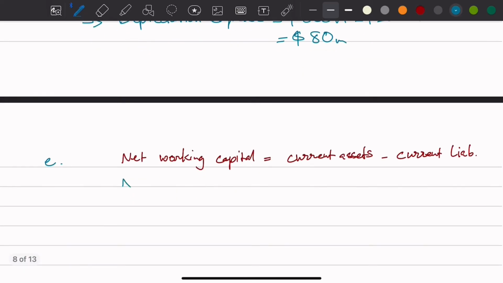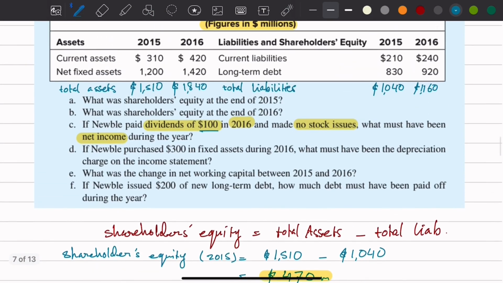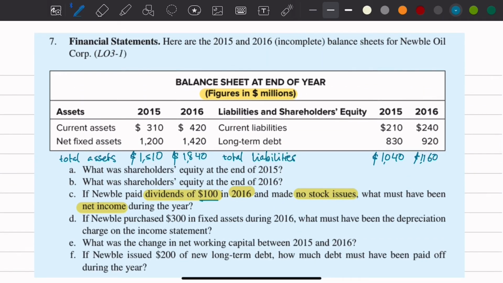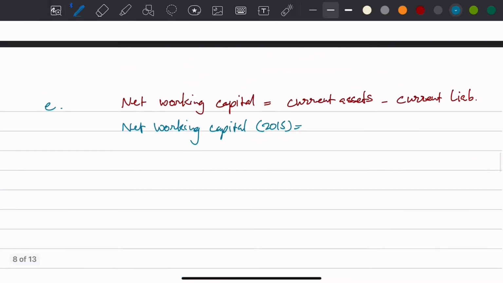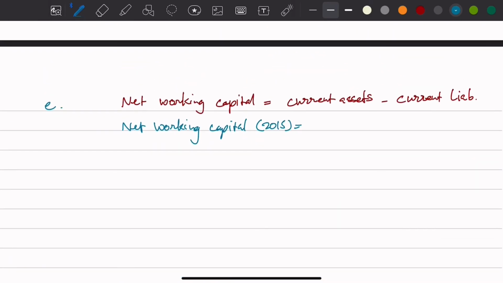Now let's find net working capital for 2015. The current assets of 2015 was 310, and the current liabilities 210. So for 2015 it will be 310 million minus 210 million, and that equals 100 million.